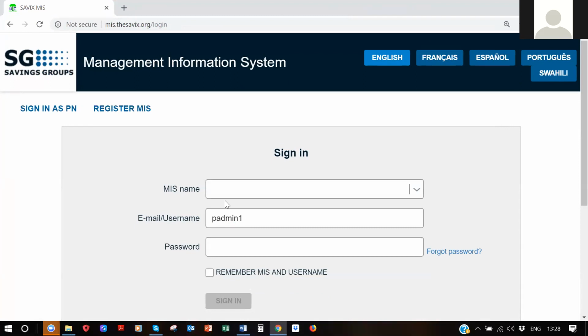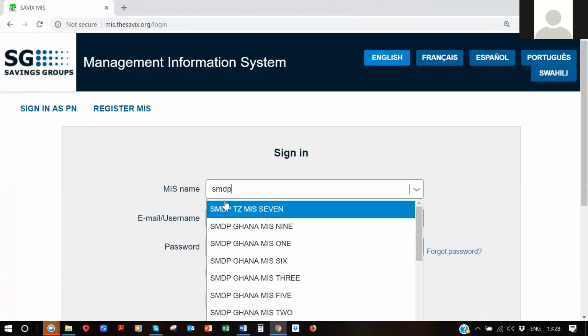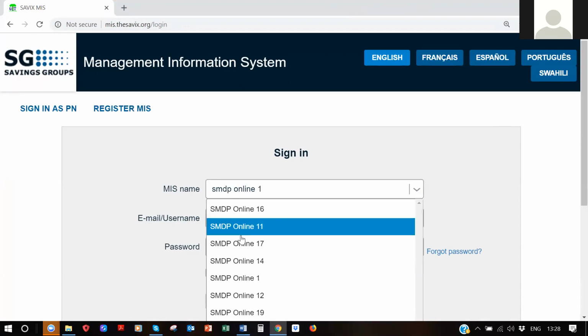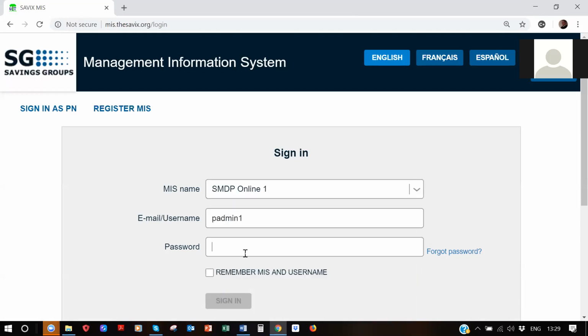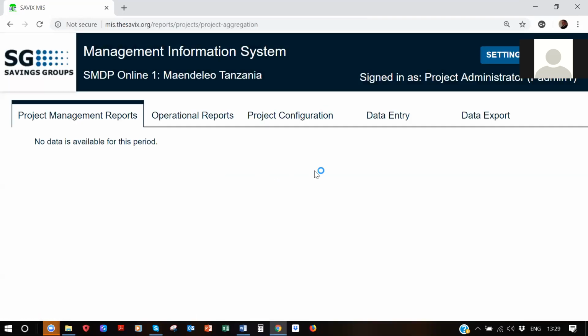This is going to be SMDP Online 1. And don't forget to click on it. Don't just leave it there like that. Click on it. And then you go 121212. That's the password I'm using. And that's the same password and username for all of you. So now I sign in.